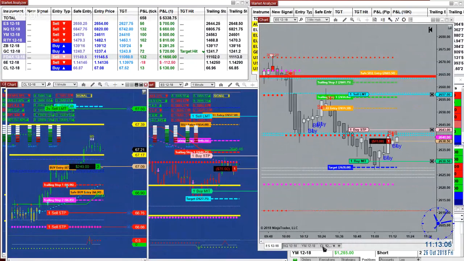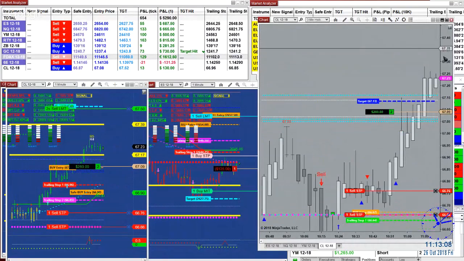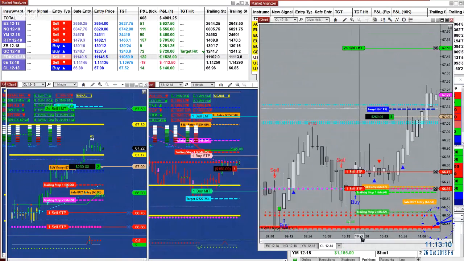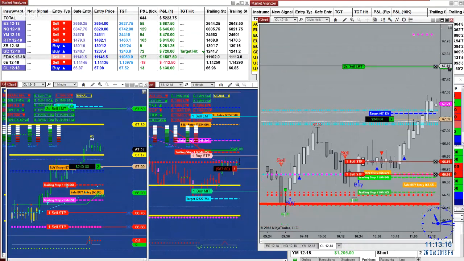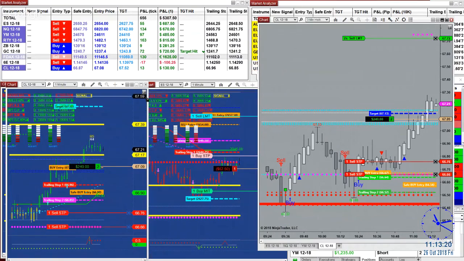CL, let's look at the CL problem. The CL problem, there is no problem on the CL. And we have across those areas, our estimation on the CL is 67.72. This is a lot to take from those areas.